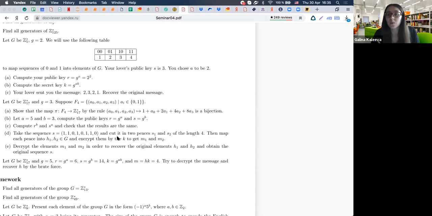Yeah, we found two messages, M1, which is H1 by K, and M2, which is almost the same. And then we send them, and then we can decode. Knowing M and K, we can decode, and we can find the original binary sequence.